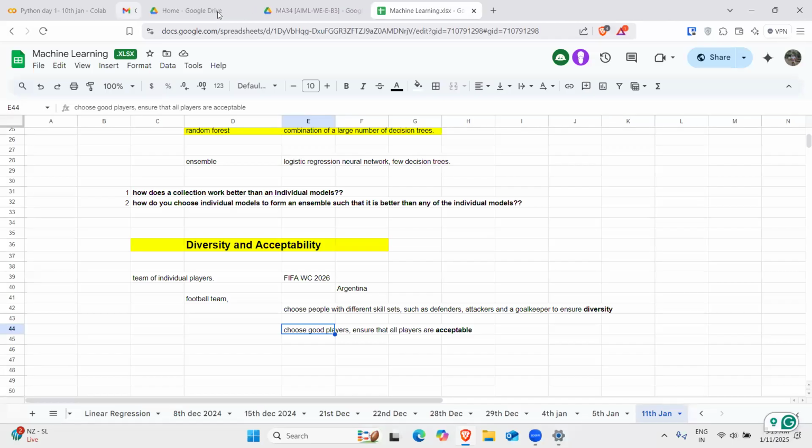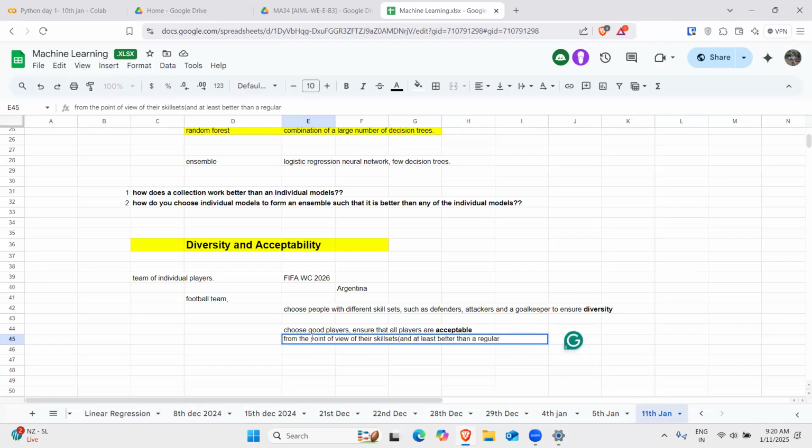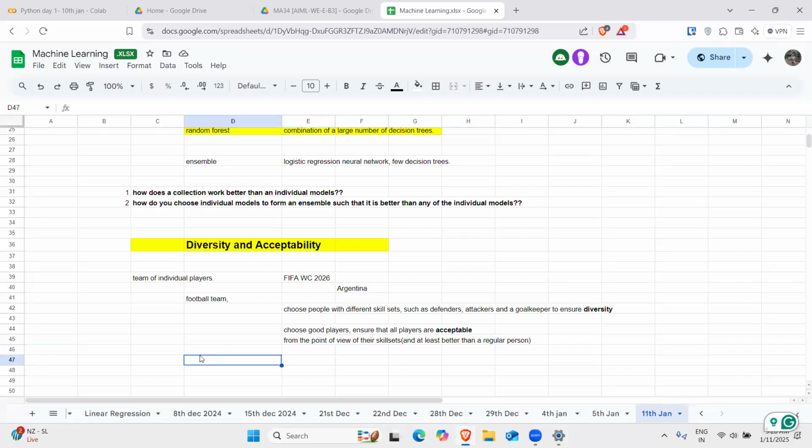From the point of view of their skill sets, they should be acceptable, and at least better than a regular person. So diversity ensures that models serve complementary purposes, which means that individual models make predictions independent of each other.